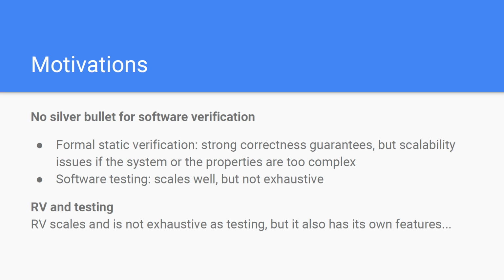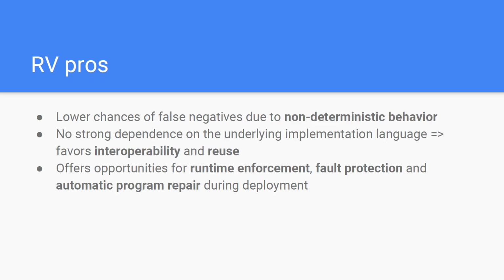And with respect to testing, there are also some differences. We will see in our example, for instance, that with runtime verification, you have lower chance to have false negatives in case of non-deterministic behavior. So you can capture problems with non-deterministic behavior that cannot be captured with testing.